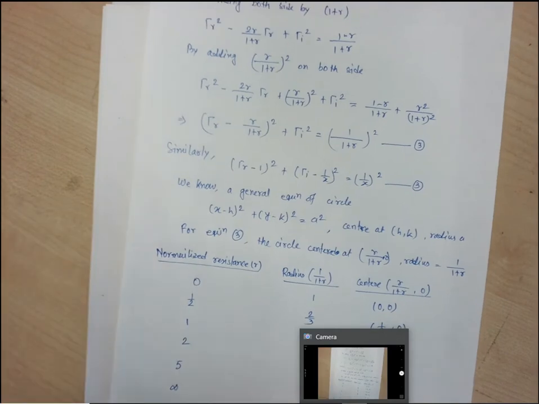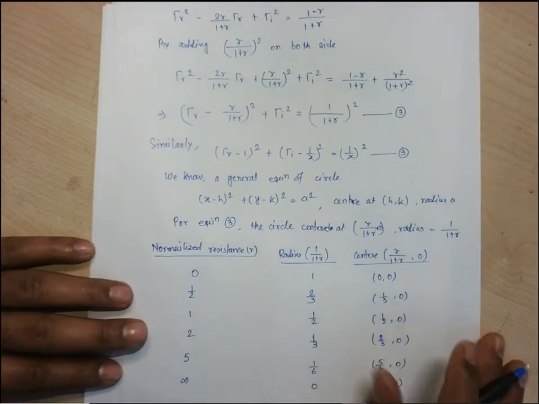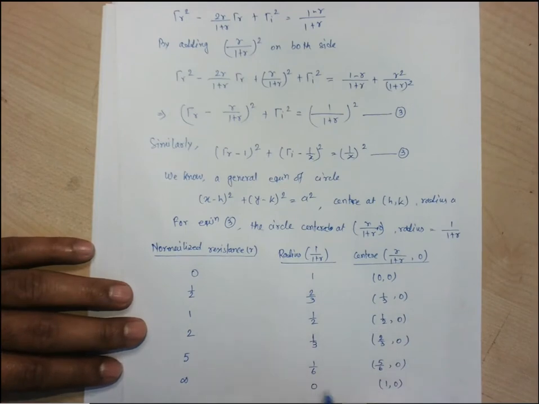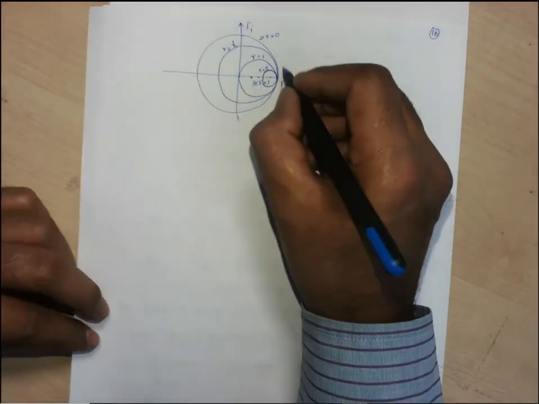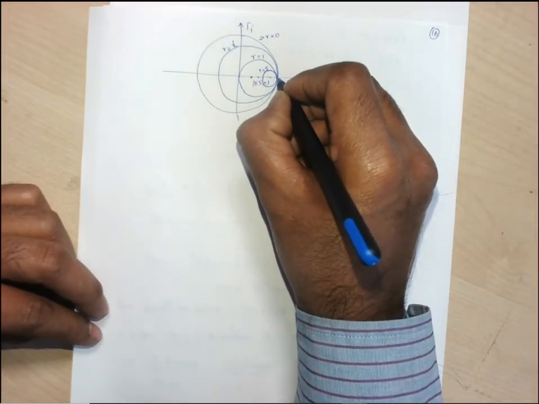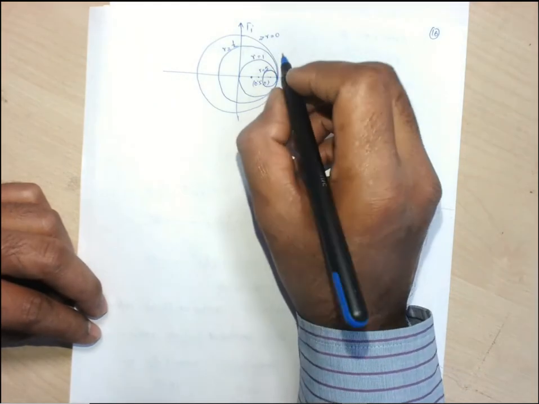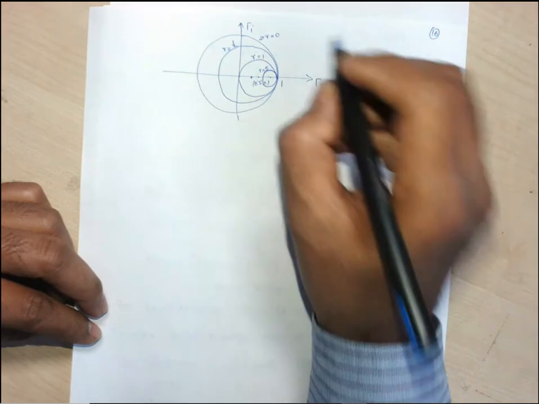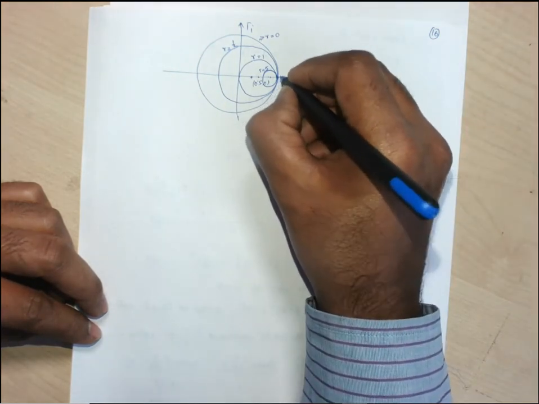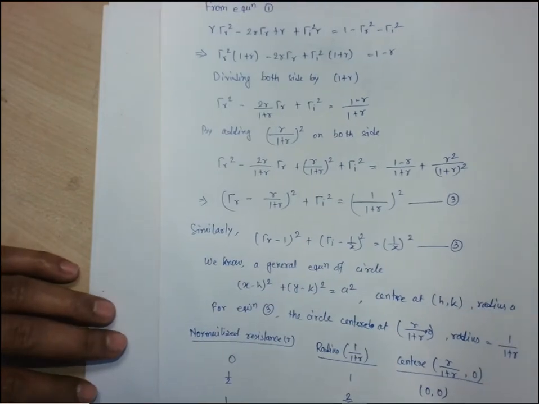R equals infinity gives us a radius of 0, centered at 1 comma 0. This is the point 1 comma 0, and the radius of the circle is 0. So for this case, we take this point as r equals infinity.